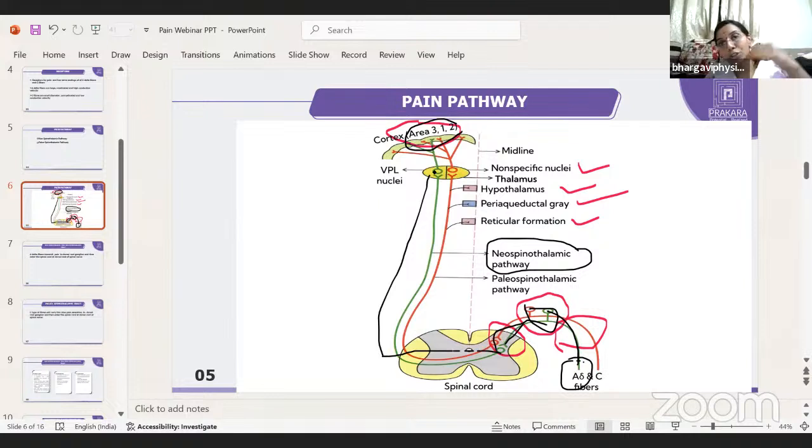From there, as the thalamic projection, the fibers reach the somatosensory cortex, that is Brodmann's area number 3, 1, 2. So which type of sensation is our neospinothalamic pathway carrying? Fast pain sensation will be carried by the neospinothalamic pathway.